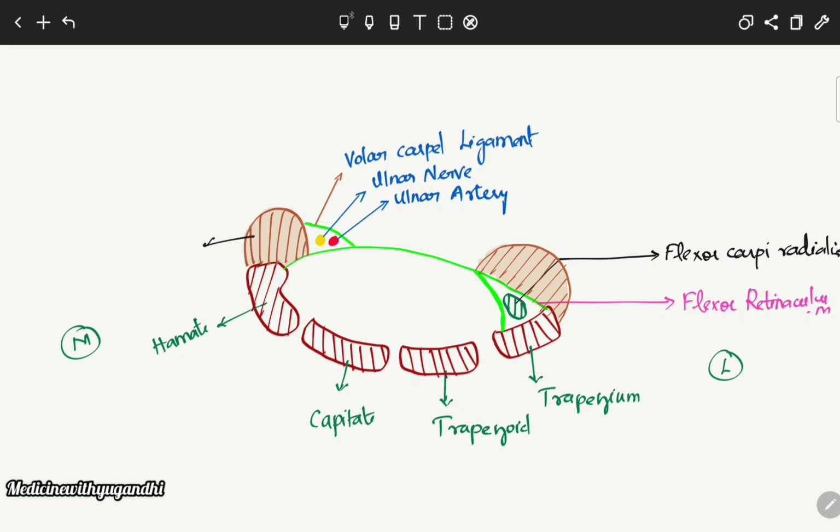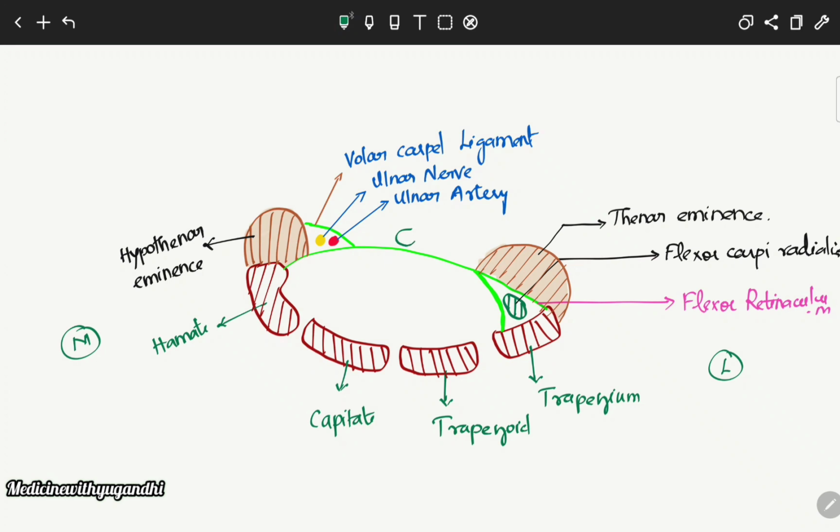And on the lateral side, you can see the thenar eminence, which consists of the thenar muscles, which also arise from the flexor retinaculum. The ulnar nerve and ulnar artery are superficial to the flexor retinaculum but deep to the volar carpal ligament.